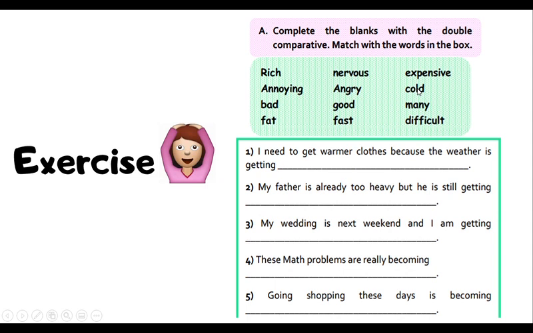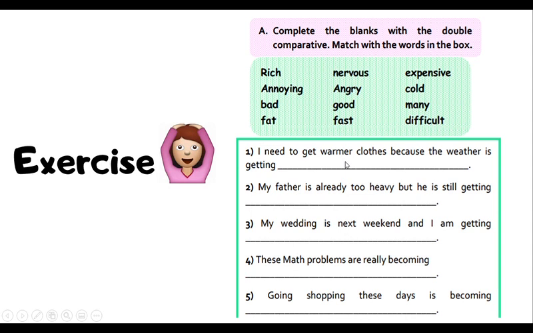What is colder? Great. So we just put the answer in here. Remember rule A: comparative plus and plus comparative. So it becomes: I need to get warmer clothes because the weather is getting colder and colder.